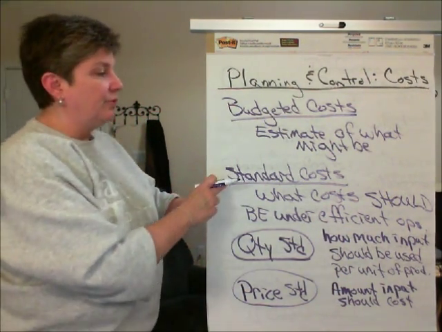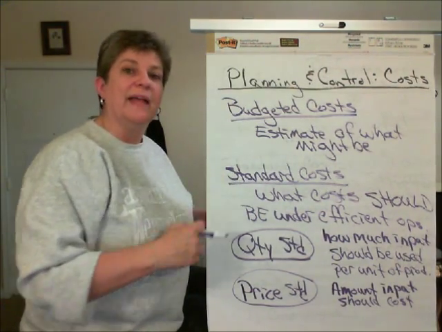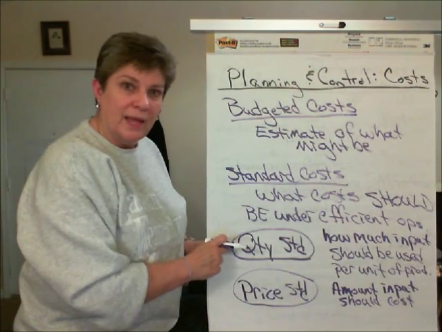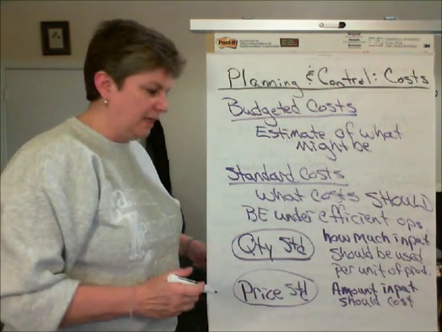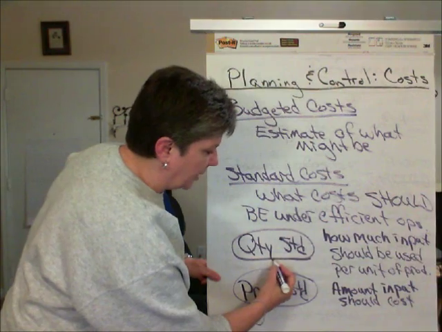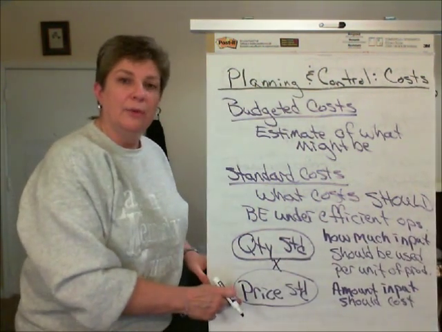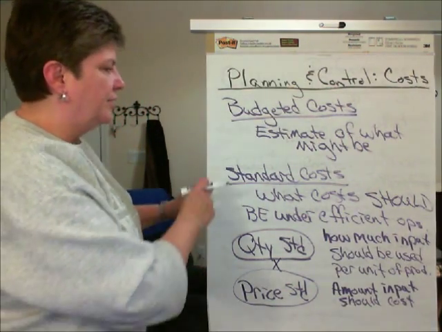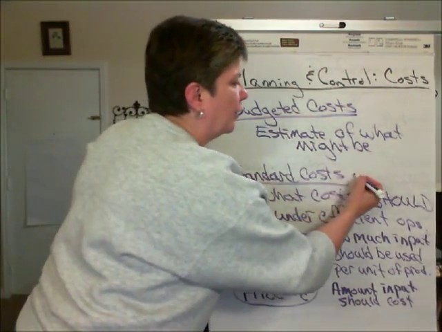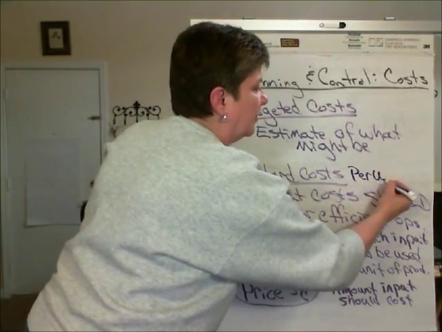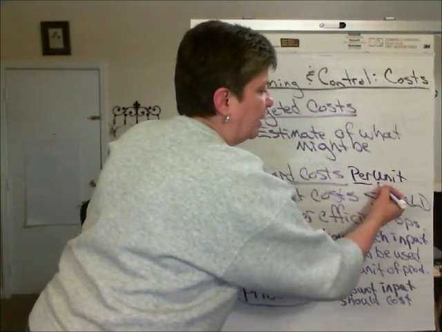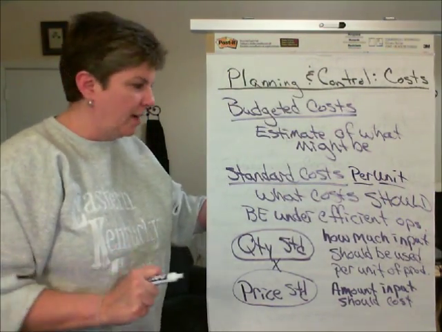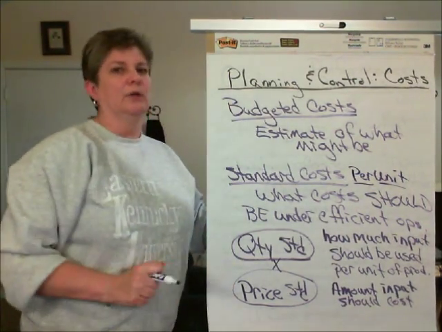Now, in coming up with the standard cost of a unit of product, we take the quantity standard, how much of the input should be used, and we multiply it by the price standard. And that in turn gives us the standard cost per unit of finished product for that particular input.